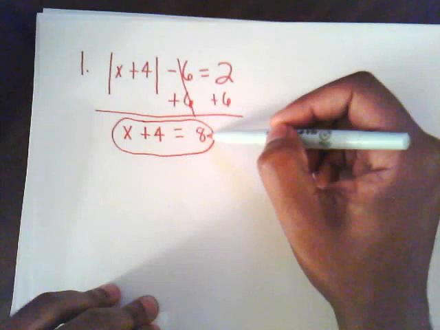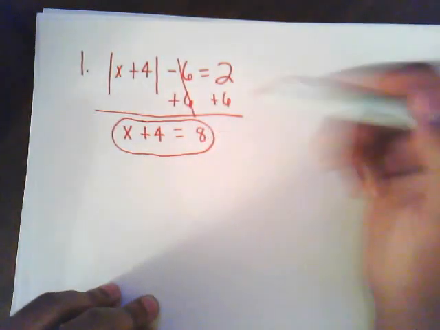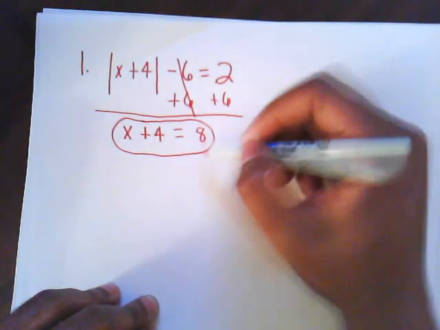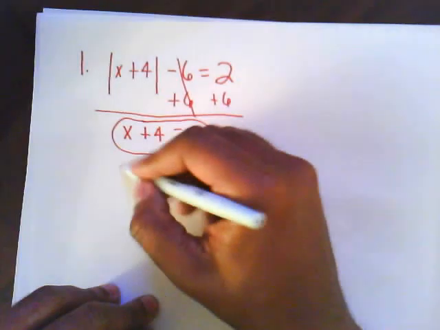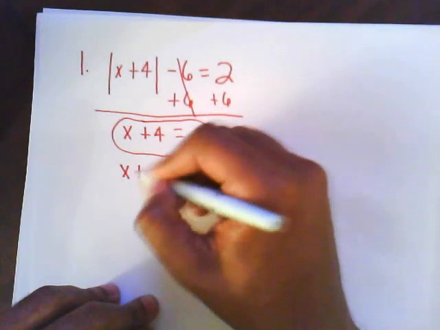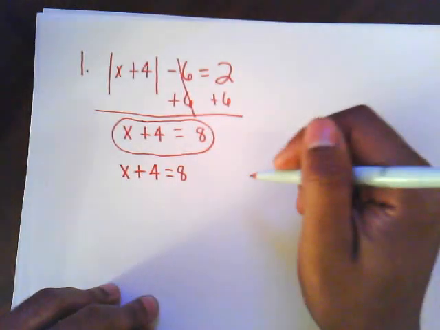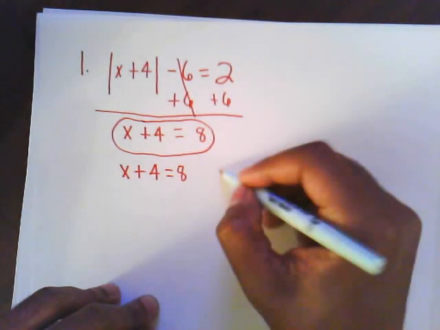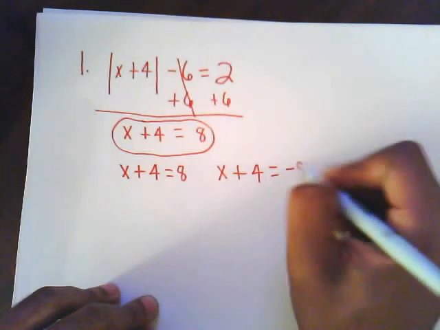Again, it equals a positive number, so we have two answers. So now we need to solve the equation that we circled. To do that, we're going to say x plus 4 equals 8. Since it has two solutions, we also have to set it to x plus 4 equals negative 8.